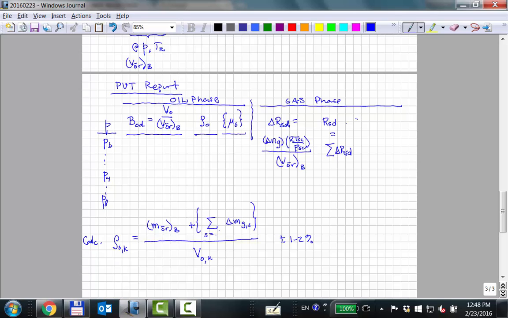Then they'll give us the gas Z factor. They might calculate this BG, the formation volume factor, but I'm not going to put it there. They might put that there. If they do, it's the traditional equation being used to convert Z factor.